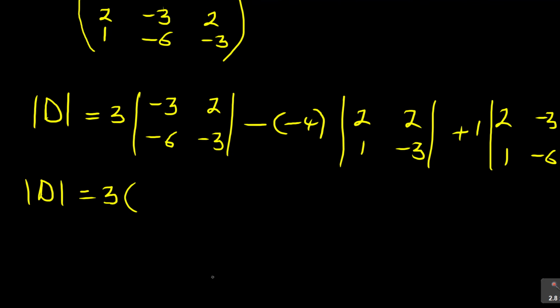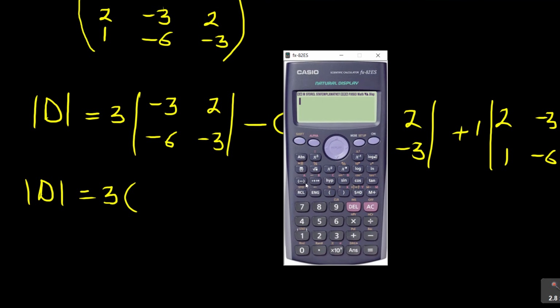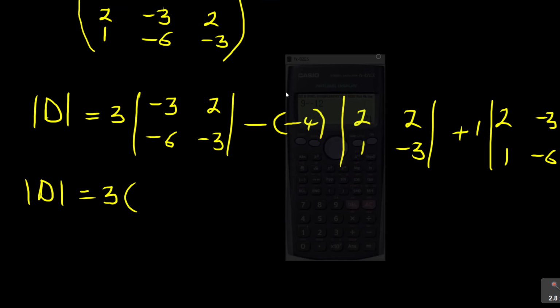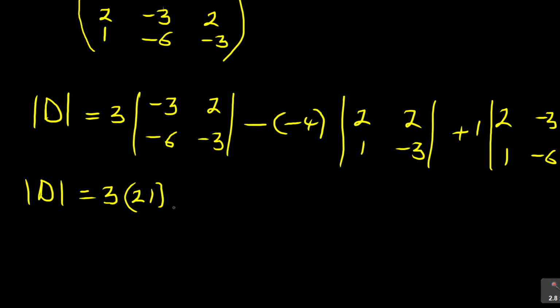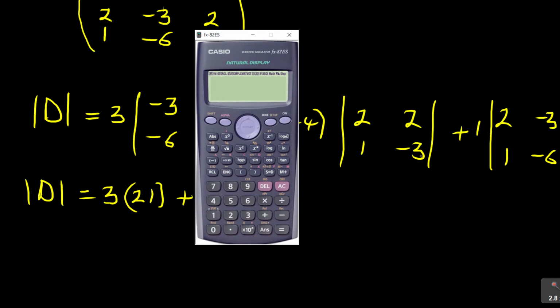Let me use the calculator just to cut time here and not waste much time. So it's negative 3 times negative 3 here. It will be positive 9. Minus 6 times 2, it's negative 12. So it's 9 minus 12, which is negative 3. Are you getting that? Minus 4 is plus 4. Again, with plus 4, I'm multiplying 2 times 3, it's negative 6.